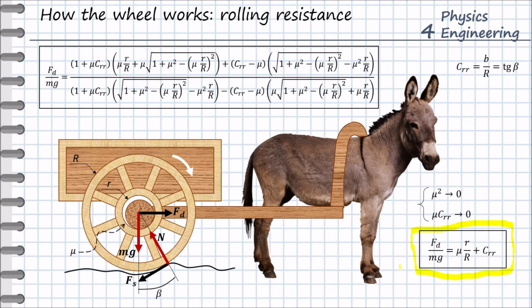Therefore, if we want to make the exact calculation of our rolling resistance, we can use, of course, our complete complex formula. But if we want to do an approximation for the smaller friction coefficient and also smaller rolling resistance, we can definitely use this simple formula, which is also very easy to remember.